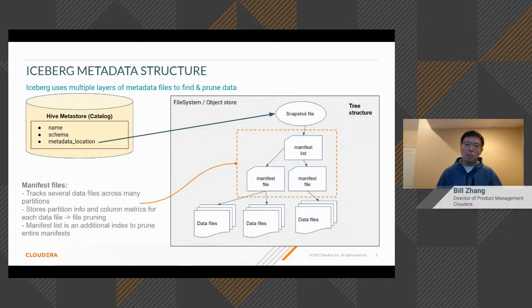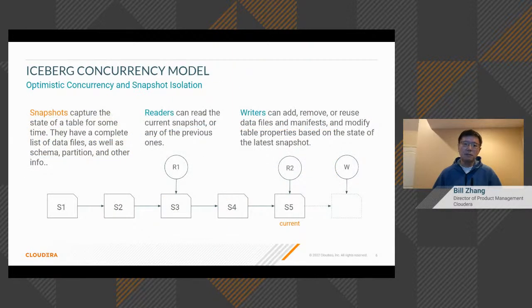Since all the metadata I need for query planning is in the file system, I just read it once instead of listing all the partitions in the directory. All the metadata will be there, right? This improves my query planning performance as well, and also provides much finer granularity in terms of partitioning. So we want to make sure that we have this foundational piece set, right?